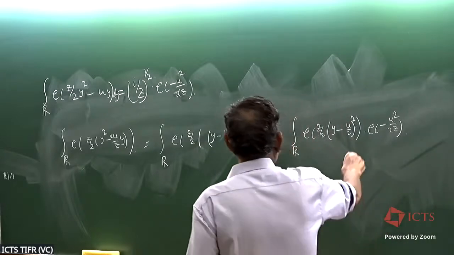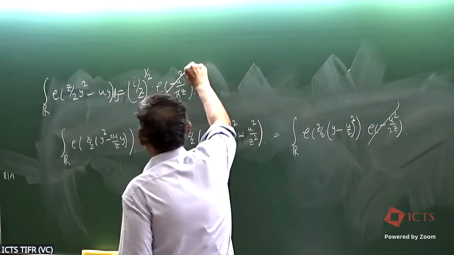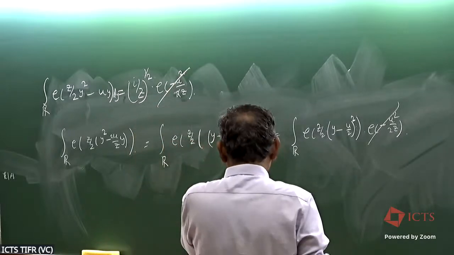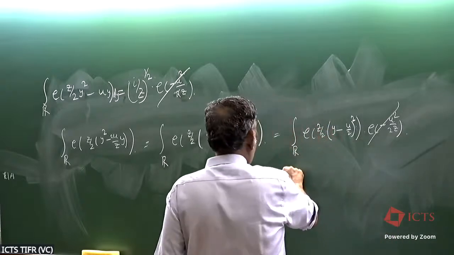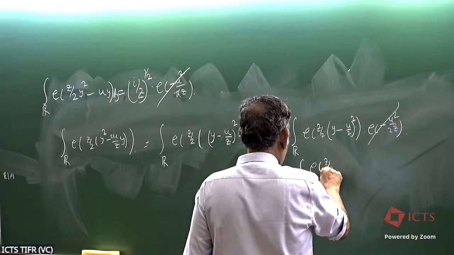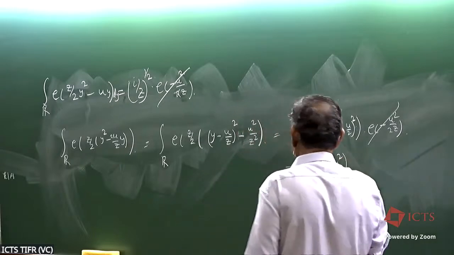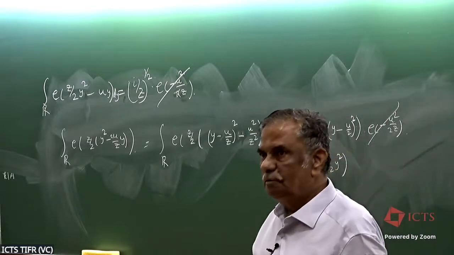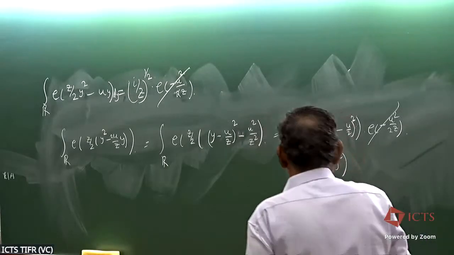And that is the number which appears here. I am going to forget it. And then, of course, make a change of variable. Is it okay? That's the obvious thing to do. And then again make a change of variable.